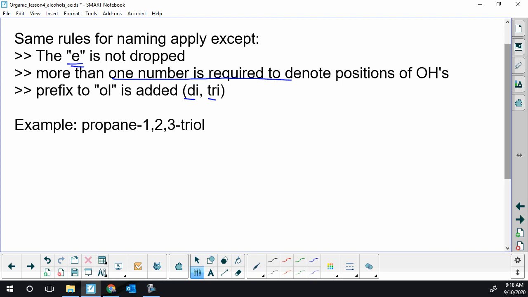And I'm going to go right to a line structure. It's the first time I'm going to do this, but I want you to get used to doing that or being able to do that.